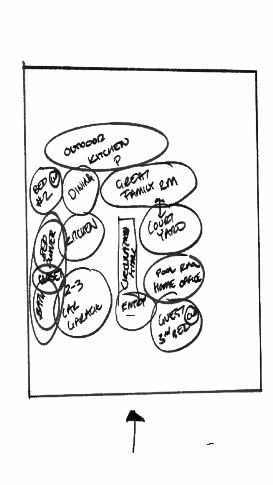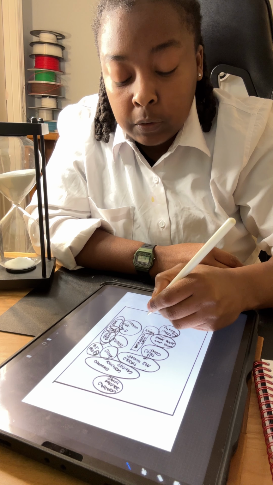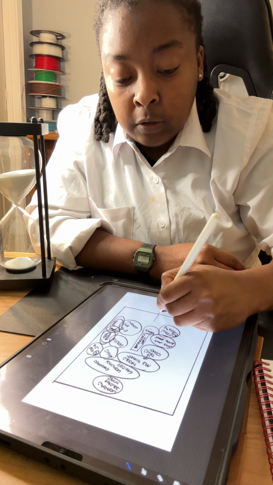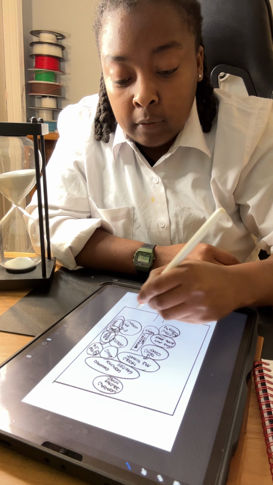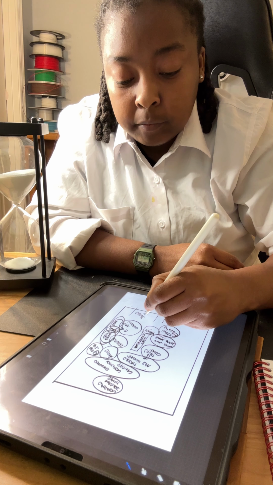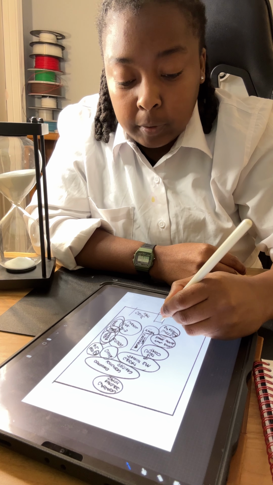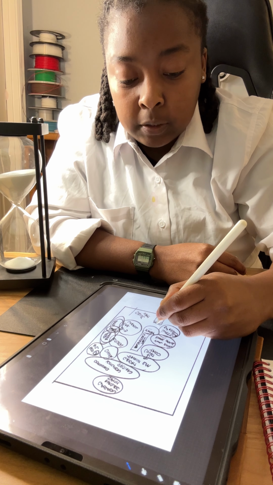And then let's see, what else? I think that should do it. So we got the entry, and then we have like the driveway. You could probably see some steps going up.